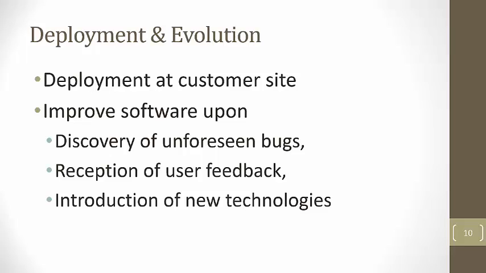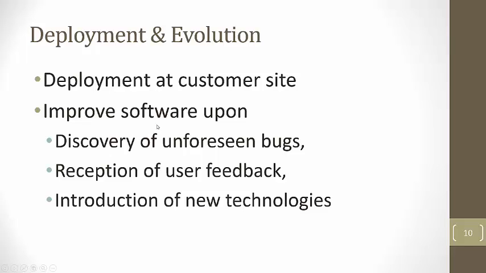Because systems now are so big and so large, and we have tons of customers using the software simultaneously, it's very difficult to identify bugs in-house or during the testing phase. Unless you have a lot of customers accessing that application, it is very difficult to uncover some specific bugs. So there would still be some improvement to be done to the software after deployment.